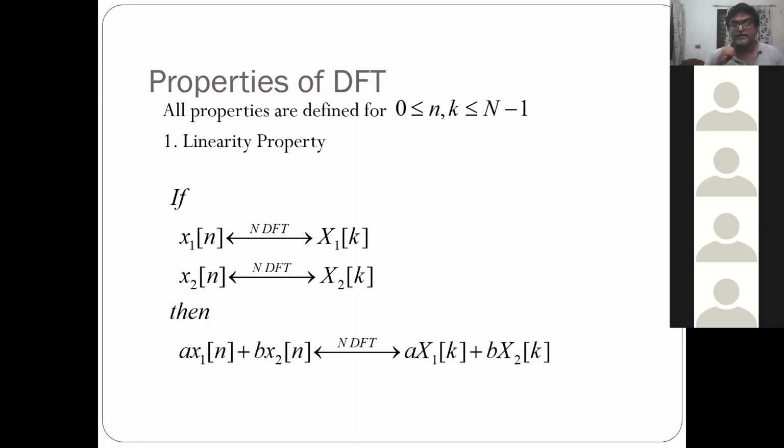Remember that while going from X of e power j omega to X of k, instead of evaluating at all continuous values from 0 to 2 pi, which would be impossible, you are now evaluating only at discrete frequency points, given by e raised to j 2 pi by 6 into k, where k takes values 0, 1, 2, 3, 4, 5. Is that understood?